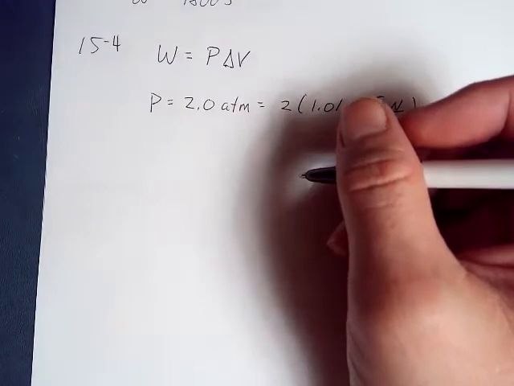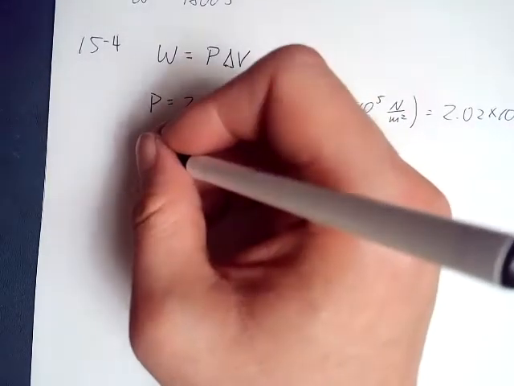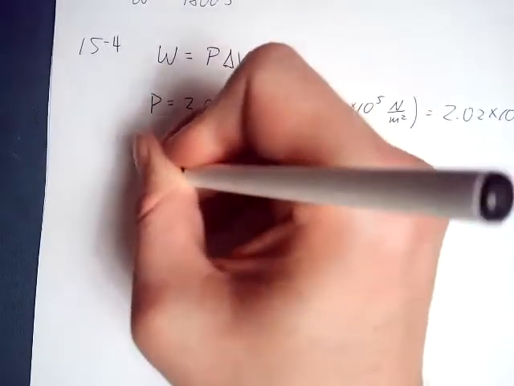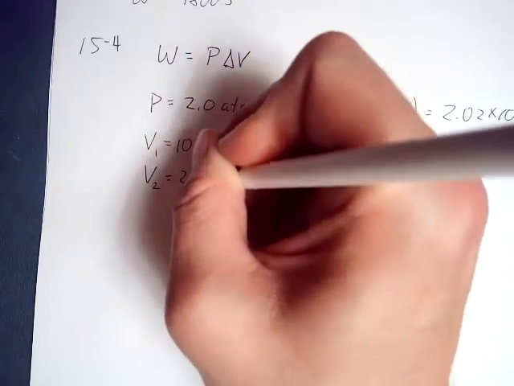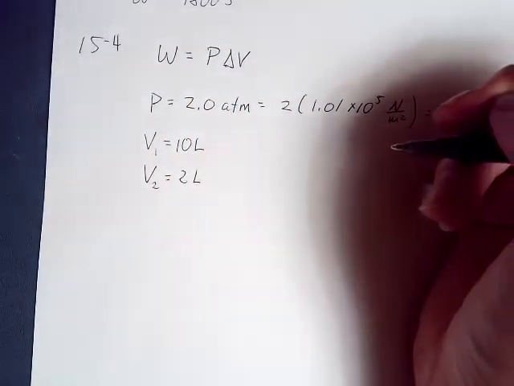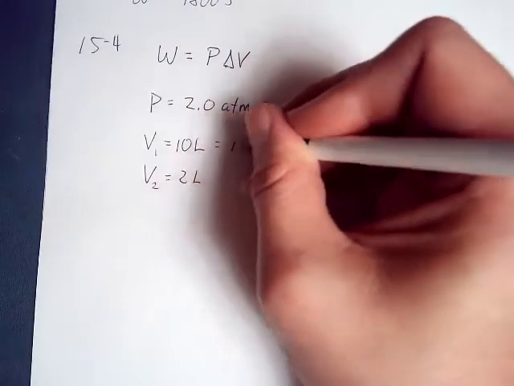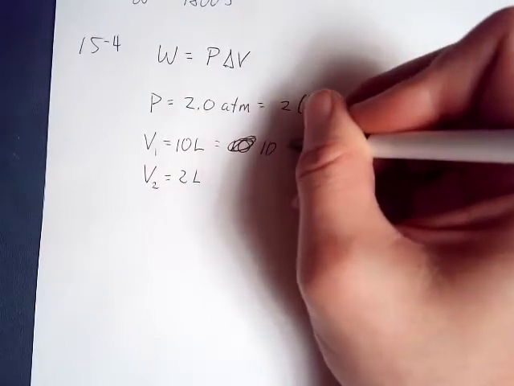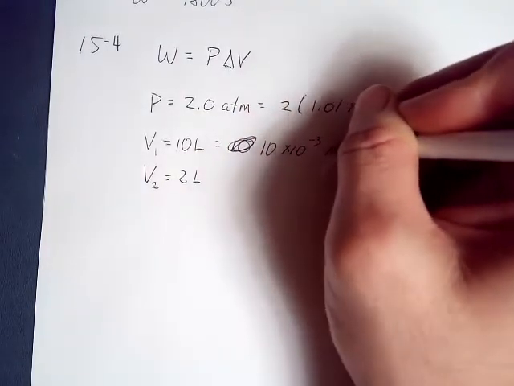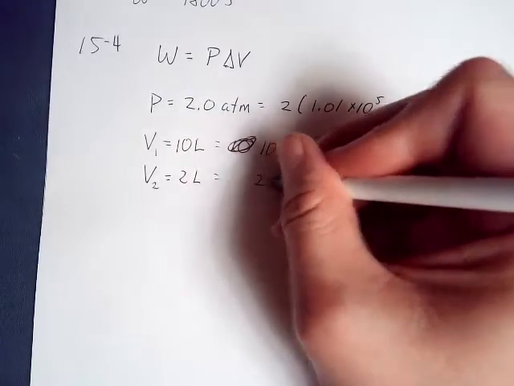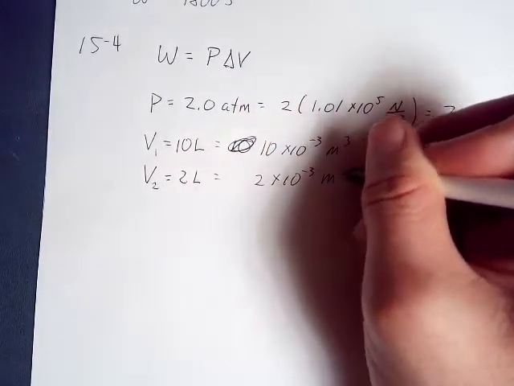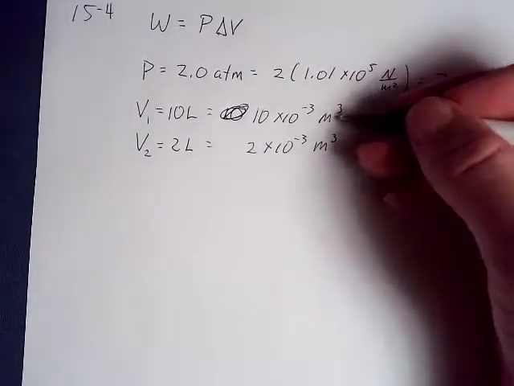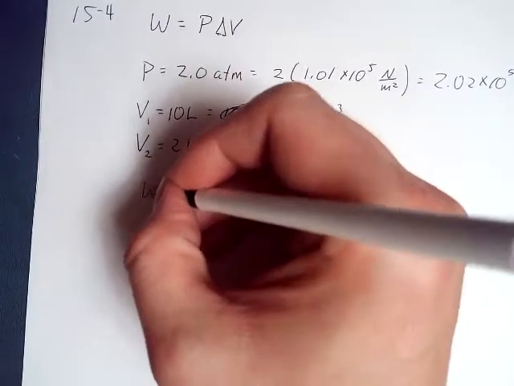Okay, and reading off of the graph, in terms of liters, we'll say V1 is 10 liters and V2 is 2 liters. Sorry, 10 times 10 to the negative 3 meters cubed, and 2 times 10 to the negative 3 meters cubed. Yeah, we have to use pascals, meters cubed, and then we plug it in here.